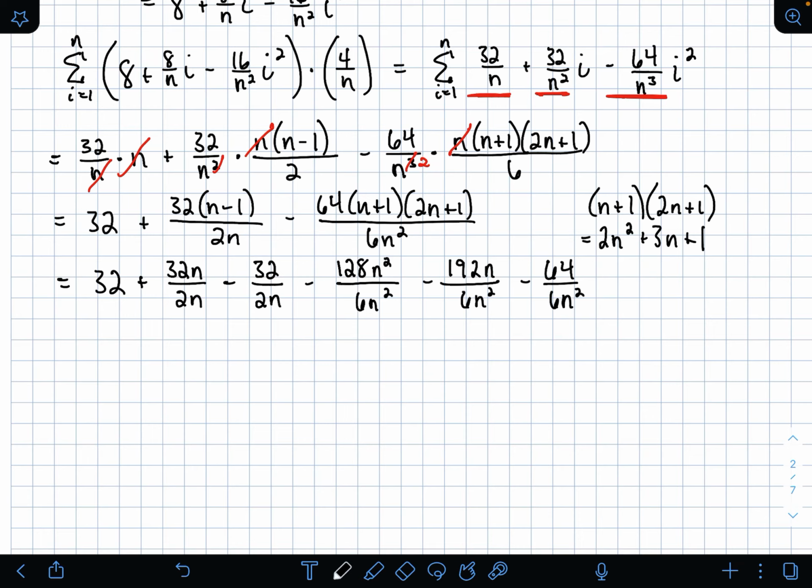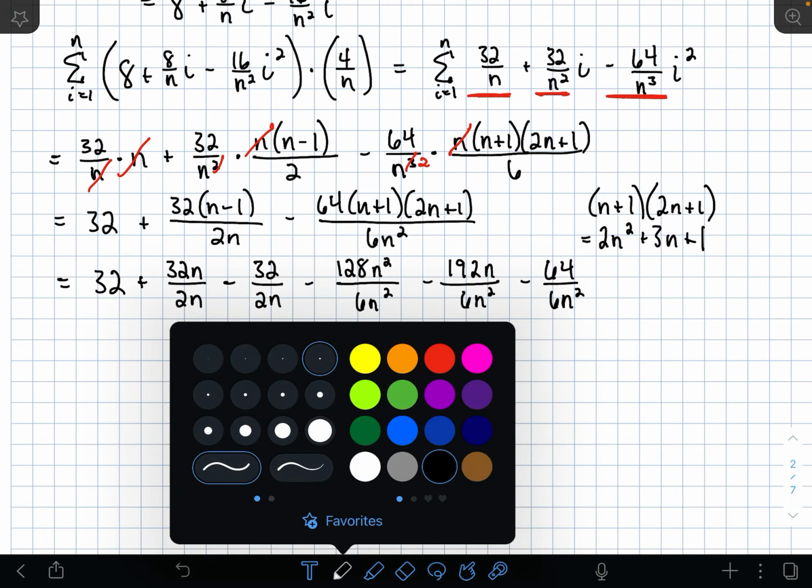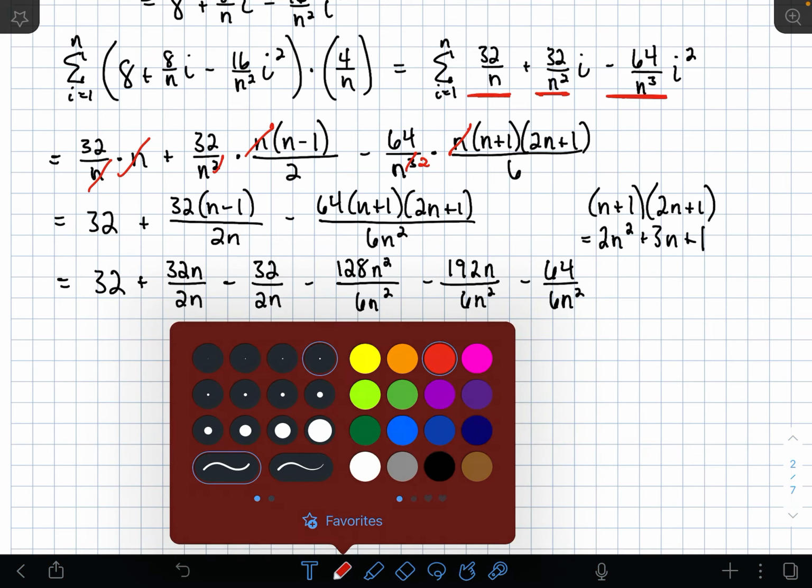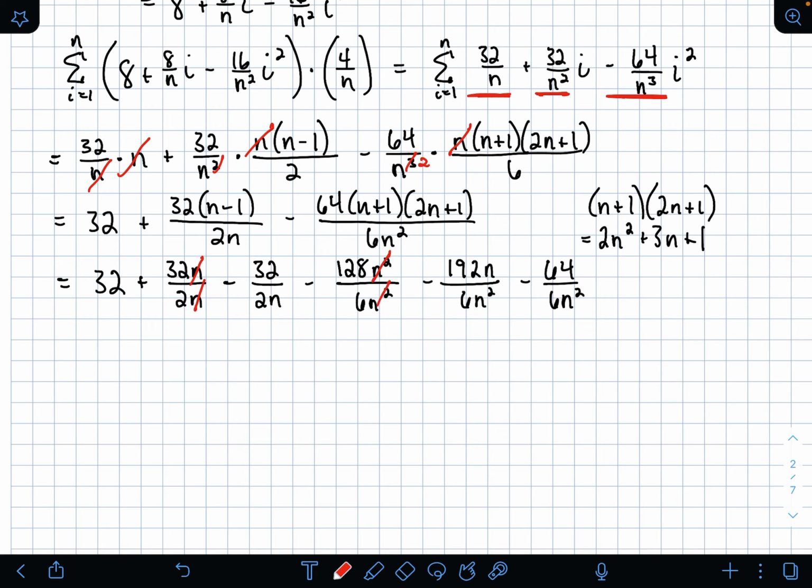Now, the limit, we're ready to do the limit here. Oh, almost. We have a couple of simplifications that can happen here. Each of these terms has at least a factor of n in the top and in the bottom. Some of them, the n's cancel out entirely, which is very convenient and very helpful to us. At this point, it might make sense to simplify the 32 over 2 to 16.